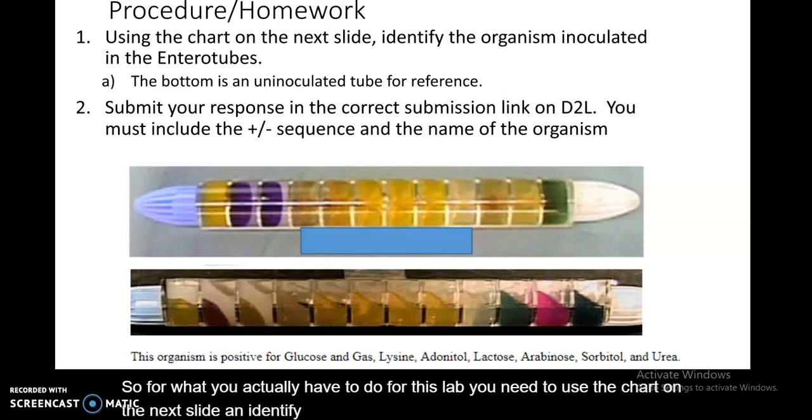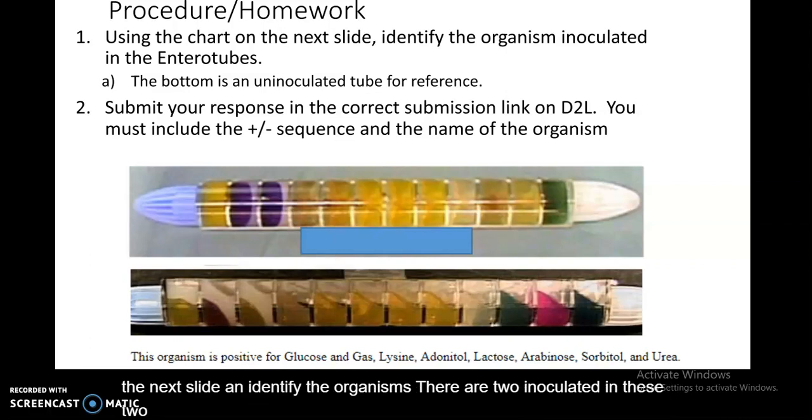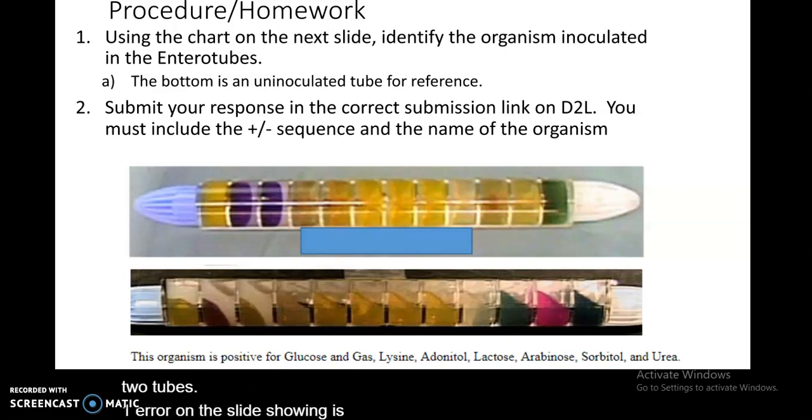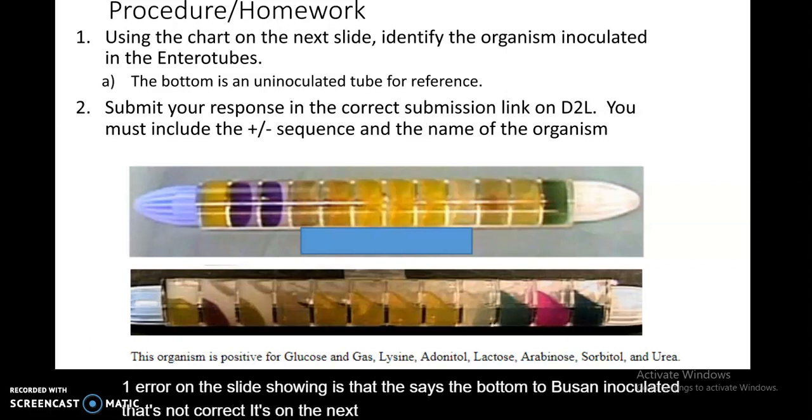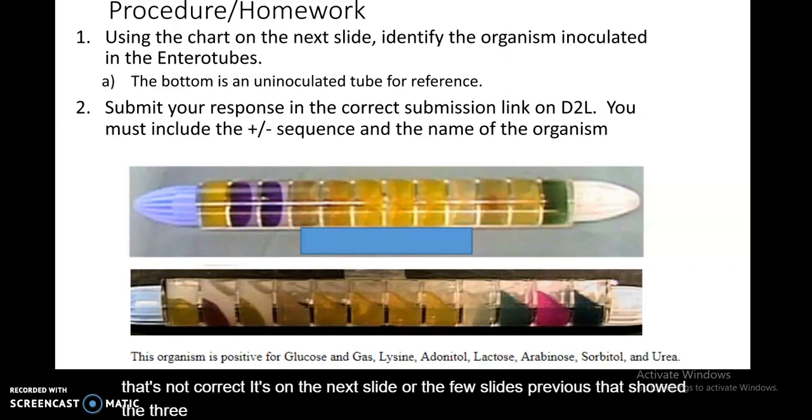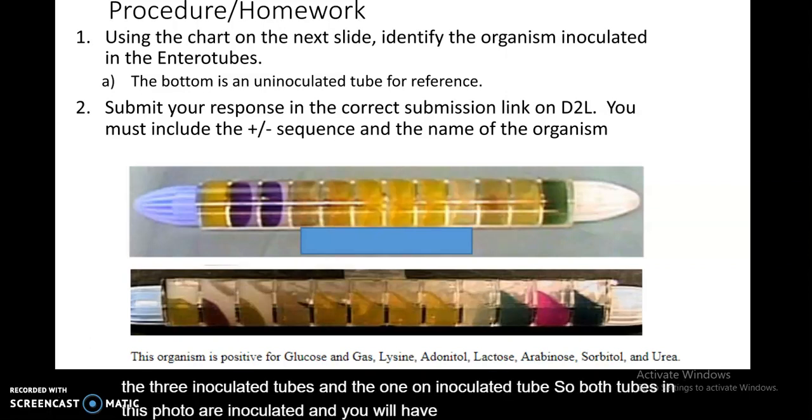There are 2 inoculated in these 2 tubes. One error on the slide showing is that it says the bottom tube is uninoculated. That's not correct. It's on the next slide, or the few slides previous that showed the 3 inoculated tubes and the 1 uninoculated tube. So both tubes in this photo are inoculated, and you will have to identify the organisms.